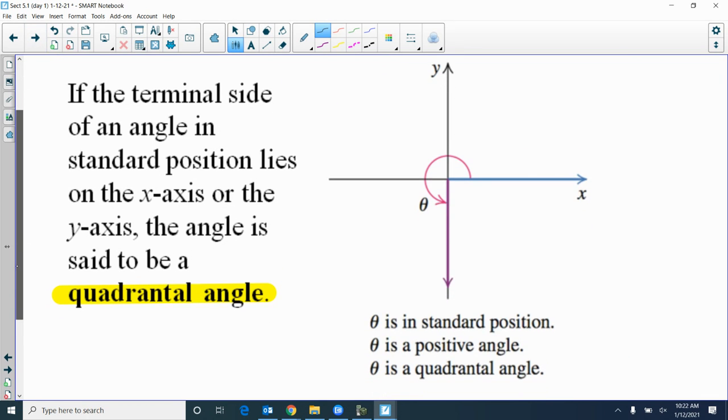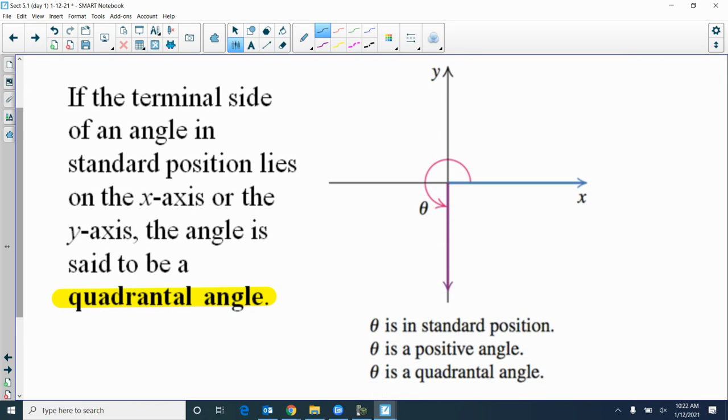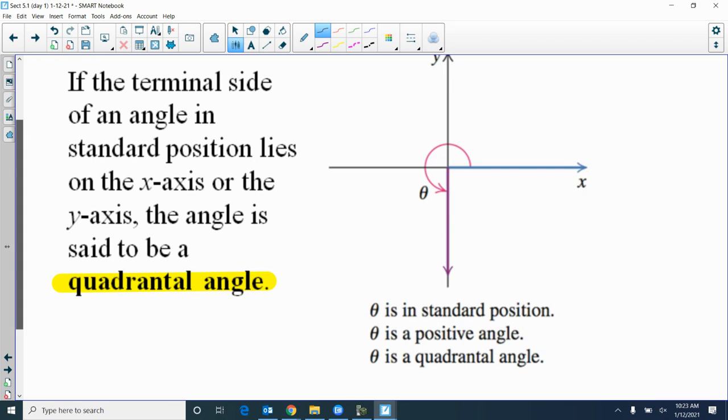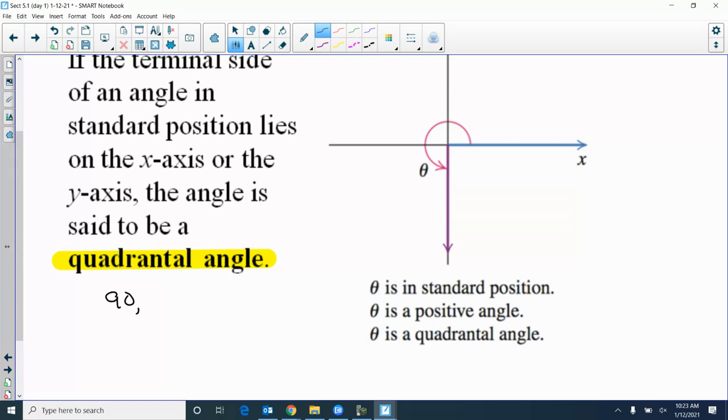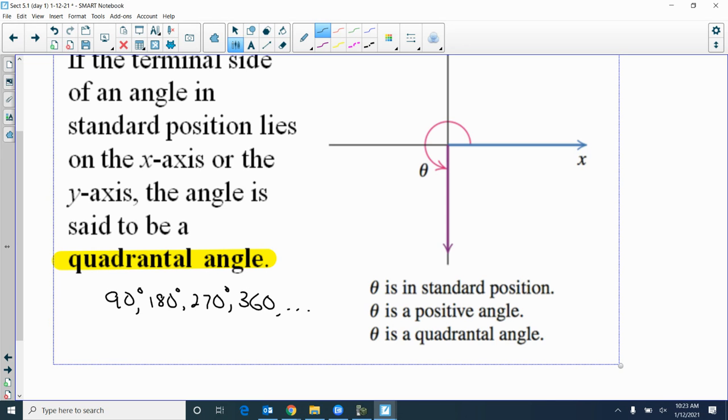All right, this is something that's typically new. What is a quadrantal angle? Basically, any angle whose terminal side lies on one of the axes. So it would be like 90, 180, 270, 360, and then also the negatives.